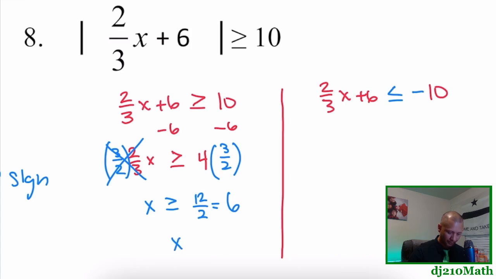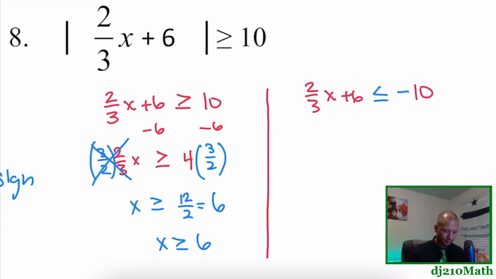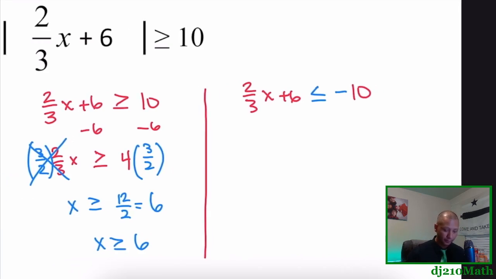So x greater than or equal to 6. On the right, we're going to subtract 6 from both sides. So 2/3 x is less than or equal to negative 10 minus 6. They're both negative, so we're going to add 16. And then the negative stays.